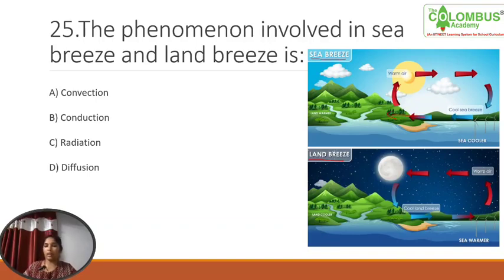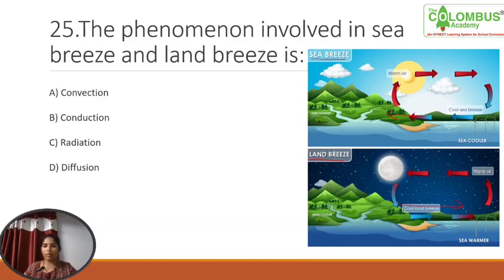This is called sea breeze. At night time, the air above the land will cool down faster compared to the air above the sea. So obviously the hot air will move up and the cold air from the land will move in. So this is called land breeze.